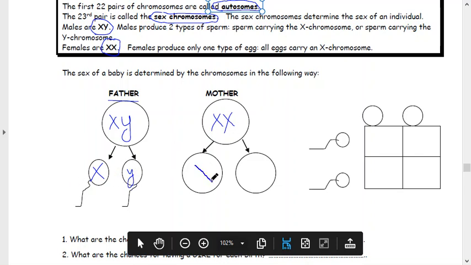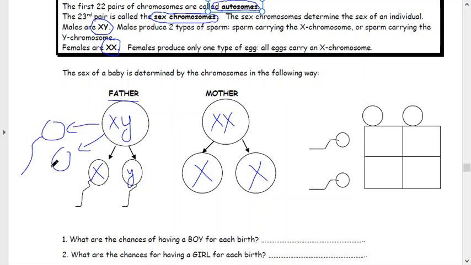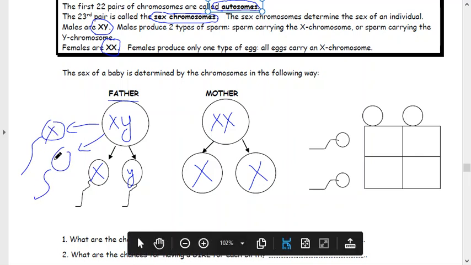If you're a female, the eggs that you can make are going to have X chromosomes in them. I know in meiosis there are technically 4 gametes every time you go through meiosis, but these would just be the same. So you'd have 2 X's and 2 Y's per meiotic event. But just to simplify things, we're just going to draw them once each.